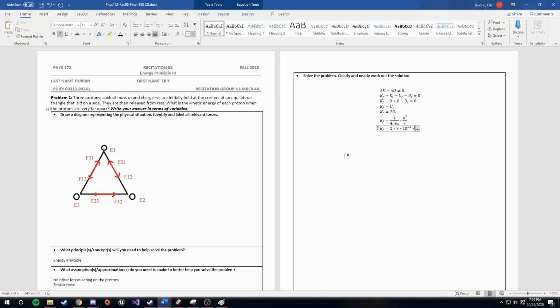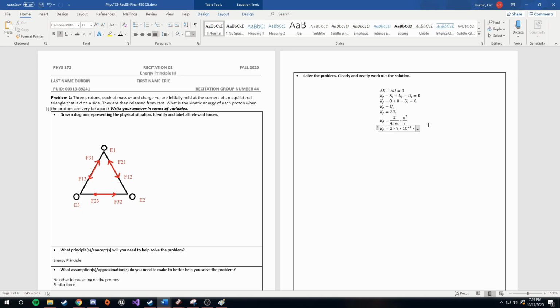Should we add rest energy in, or do we not need to? I don't think we need to, because it'll be the same. Yeah. Okay. Wait, so that would just be, gosh, charge. They just want us to put E. Yeah, I just did 2k E squared over D. K is the 9 times 10 to the 9th.